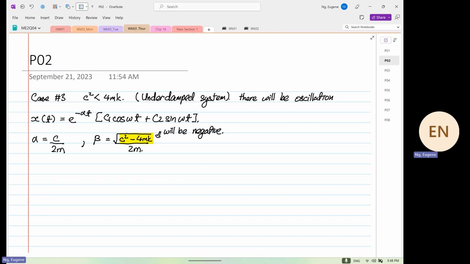You cannot square root a negative number because it does not make sense in the real world. So in order to make it positive, we let omega be equal to 4mk minus c squared divided by 2m. And then there's another term we have to know: omega n is equal to square root k over m.